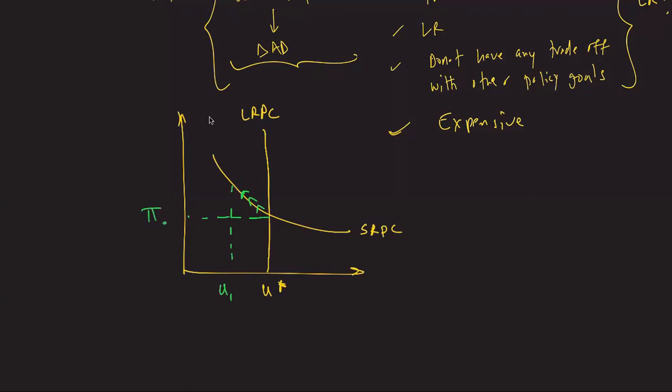But in the long run, inflation will rise. So you will go from A to B, and we will come back to the same level of unemployment on a new Phillips curve. So the short-term Phillips curve will shift to the right. On my y-axis, I have my inflation rate. On my x-axis, I have my unemployment rate.